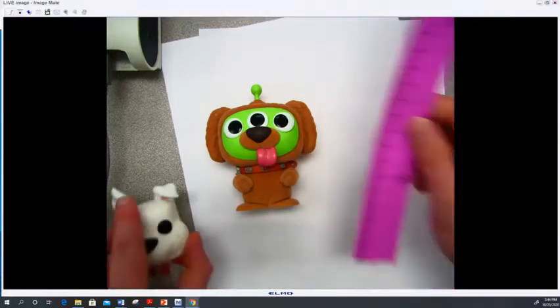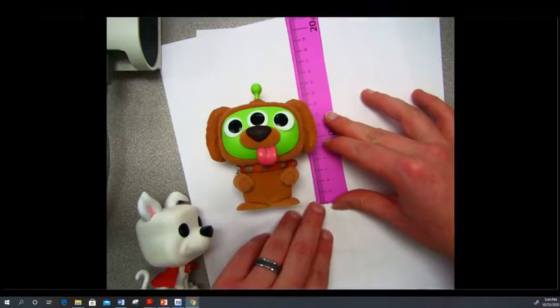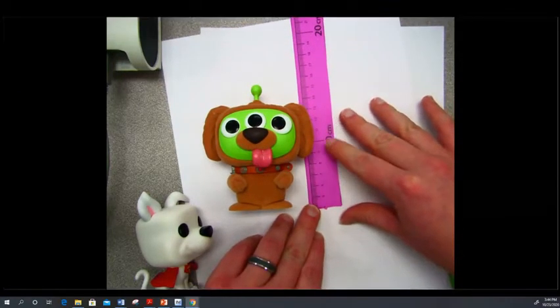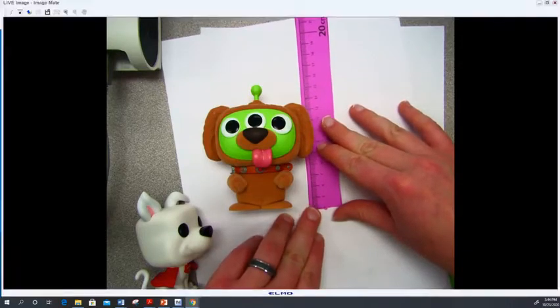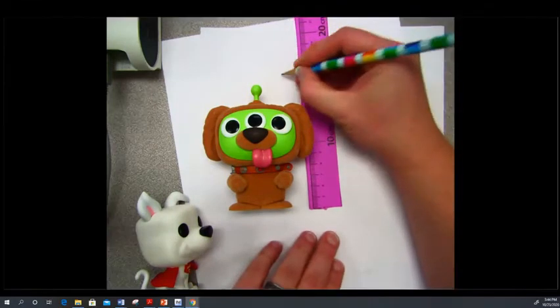So let's measure Doug first. If I line up the bottom of my ruler with Doug, it looks like the tip of his head, of that antenna, is just about 16 centimeters.